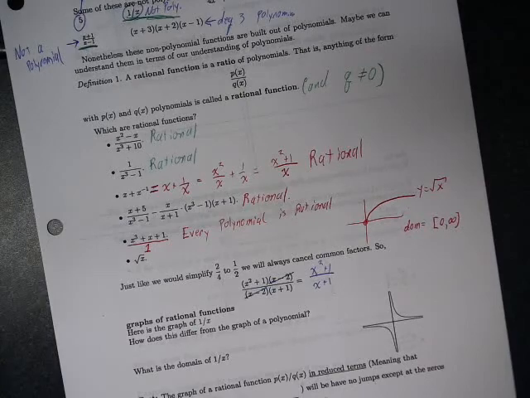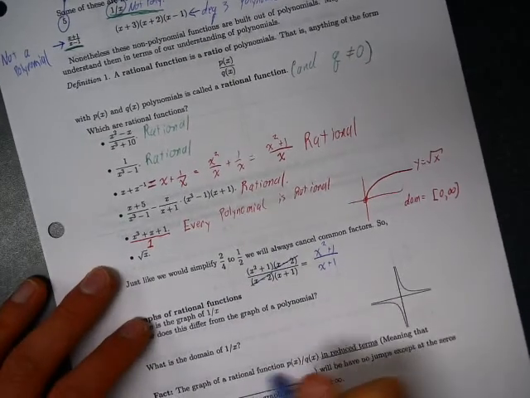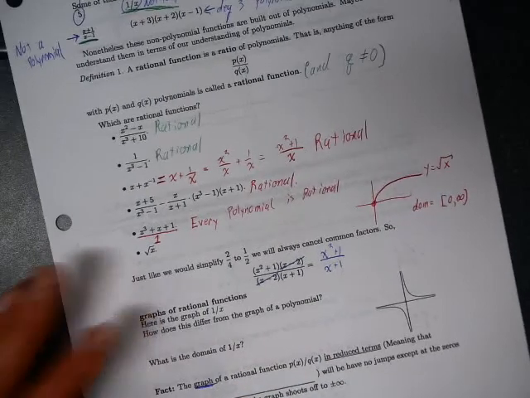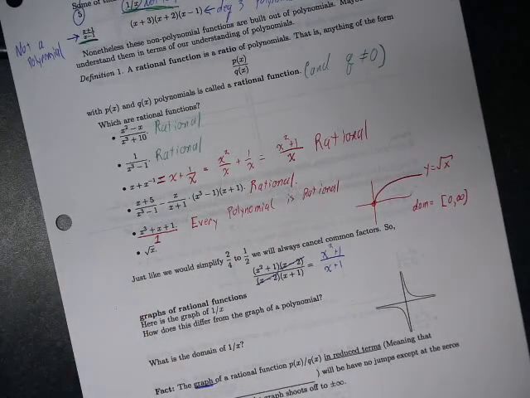So let's think about graphs of rational functions, with the payoff being a fact about this. So there's a graph of 1 over x. There it is. Does that look like it could possibly be the graph of a polynomial?